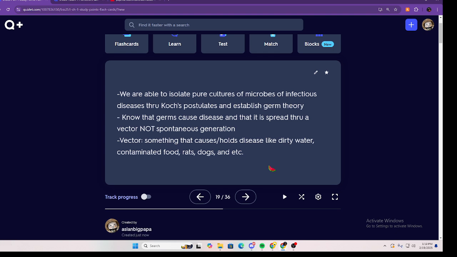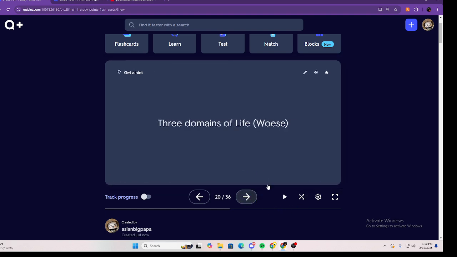So from Koch's postulates, we know that this certain germ caused this certain disease, and it's not through spontaneous generation, but through a vector. And one of these vectors could be something that could hold or carry disease, like dirty water, contaminated food, rats, dogs, etc. And those vectors are what spread the disease.